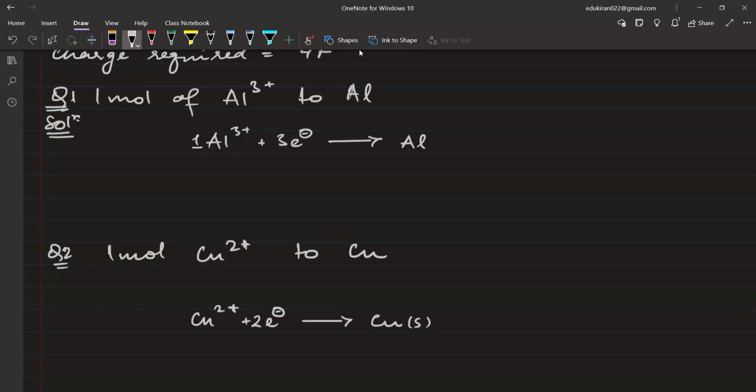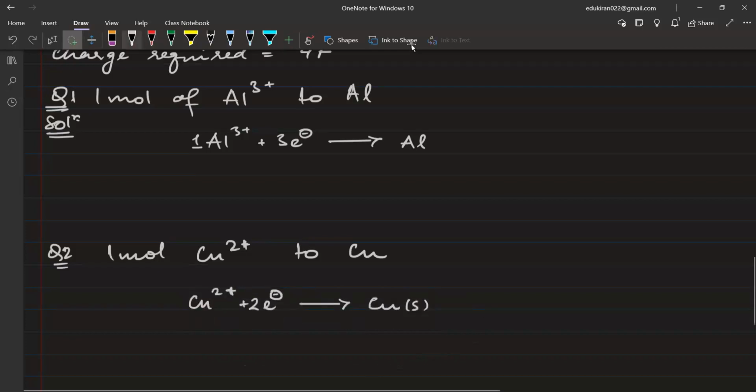And then what we will get? We'll get like Q is equal to 2 Farad. नहीं वो नहीं ना, ये प्रोडक्ट में बताइए ना क्या मिलेगा। Copper solid ना, we will get copper solid, right? Oh yeah, so ठीक है.